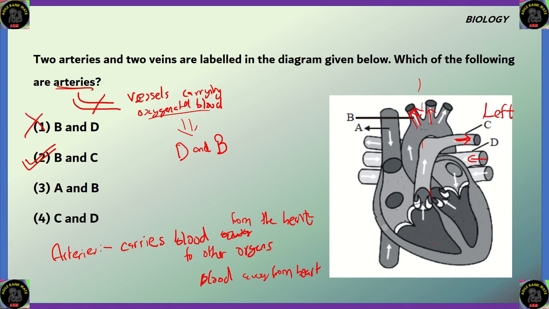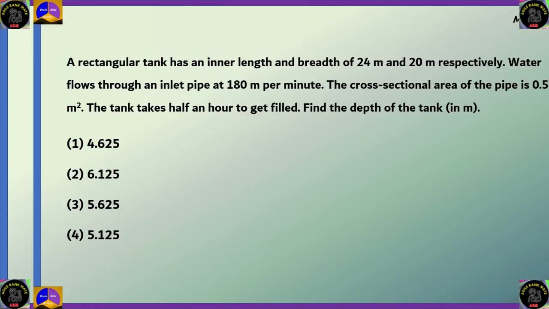Option 1 is incorrect because B and D are the vessels which carry oxygenated blood, and in this case, we are talking about arteries. And 3 and 4 are incorrect because in option number 3, A is a vein, and in option number 4, D is also a vein. So option 2, B and C is the correct answer for this question.